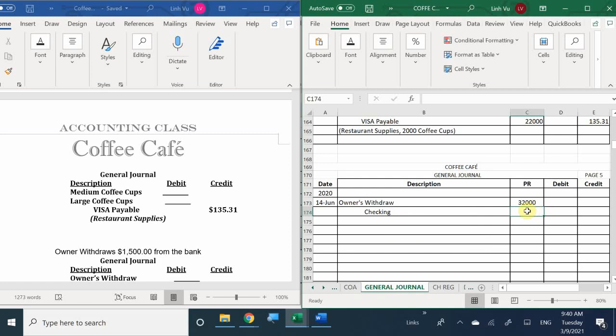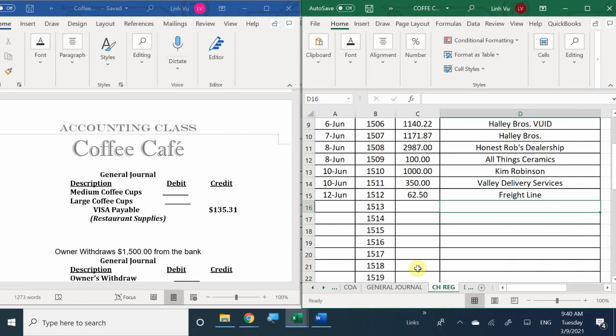So, checking is 10,100. And what amount am I going to be withdrawing? 1,500. He's going to take 1,500 away from the company. All right, so let's go to the check register. I'm going to make up a character. For those who were in my previous QuickBooks class, you know who he is.